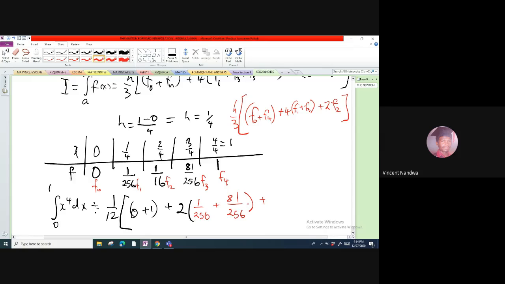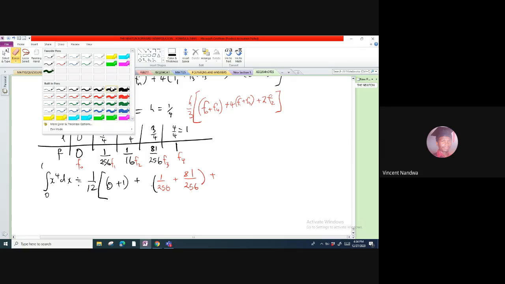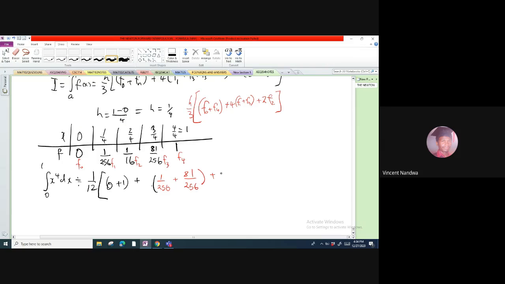plus 81 over 256, and then plus 4 into 1 over 16 plus 2 into 1 over 16.